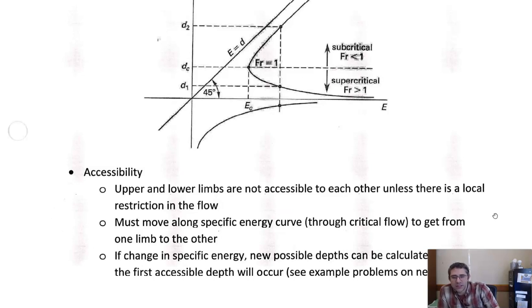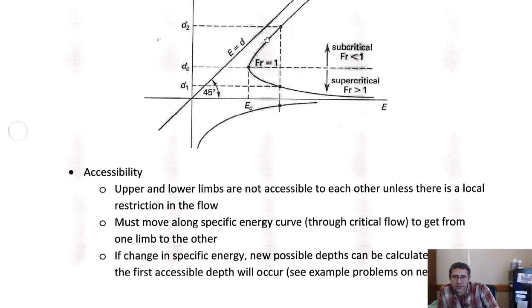And if I change the specific energy, I could have a situation where something in the channel changes, and I might say I go from here to, maybe I don't go to this depth. Maybe I actually lower the specific energy. And I am starting here, and I lower the specific energy to a lower value. There's 2 possible depths at that lower specific energy, but if I want to get to either of them, I have to go this way.